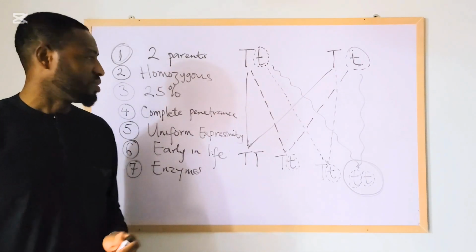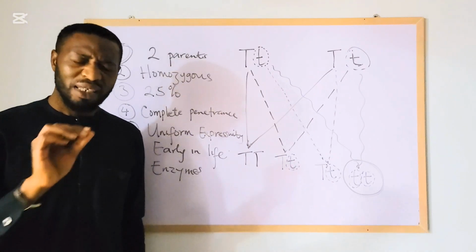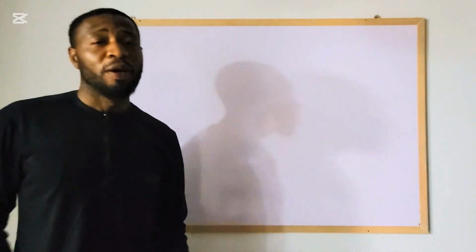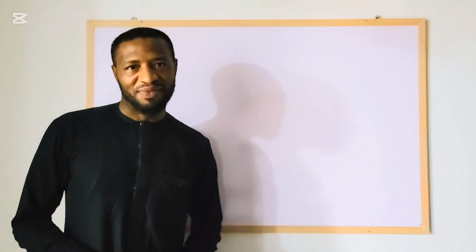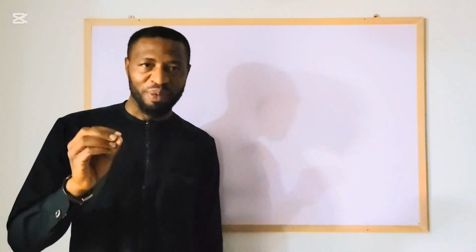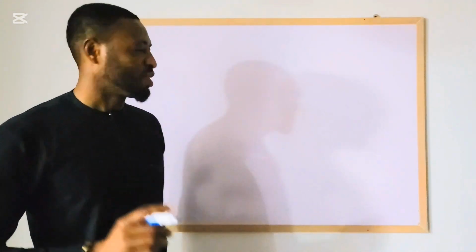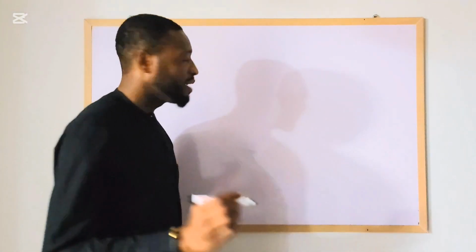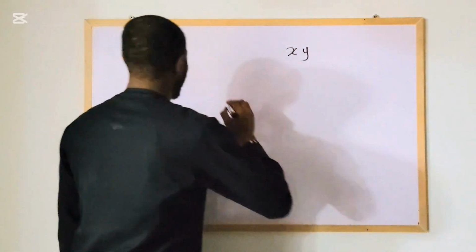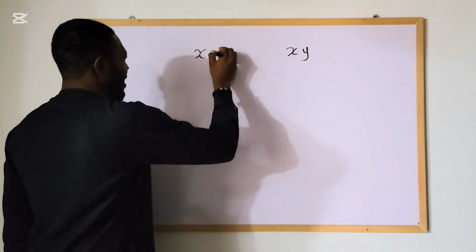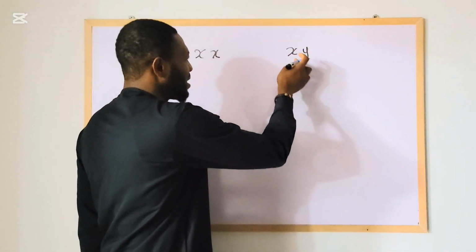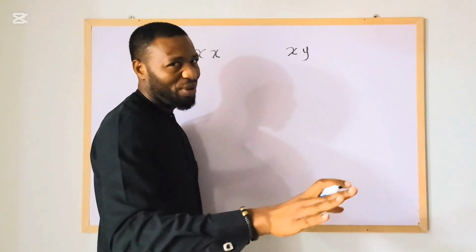Having talked about autosomal recessive disorders, let us quickly talk about X-linked recessive disorders. There are certain things I would like us to remember about the sex chromosomes. Remember that males have X, Y, and females have X, X. The Y chromosome and the X chromosome have nothing in common.